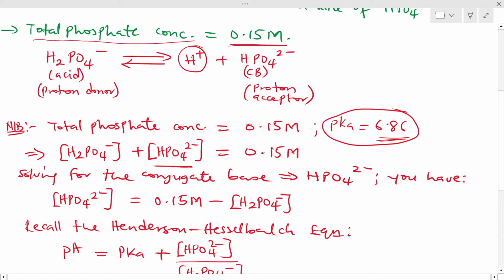When you solve for this, you make your conjugate base, the hydrogen phosphate, the subject of the formula, and what you have is 0.15 molar minus H2PO4 minus.